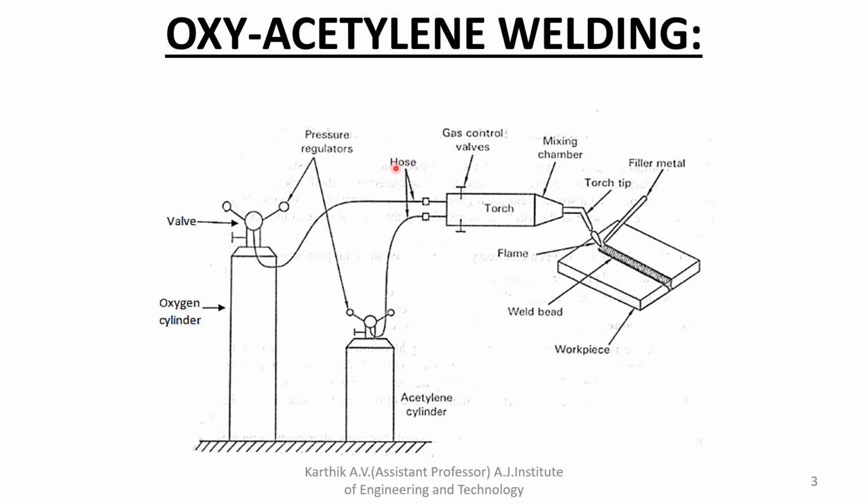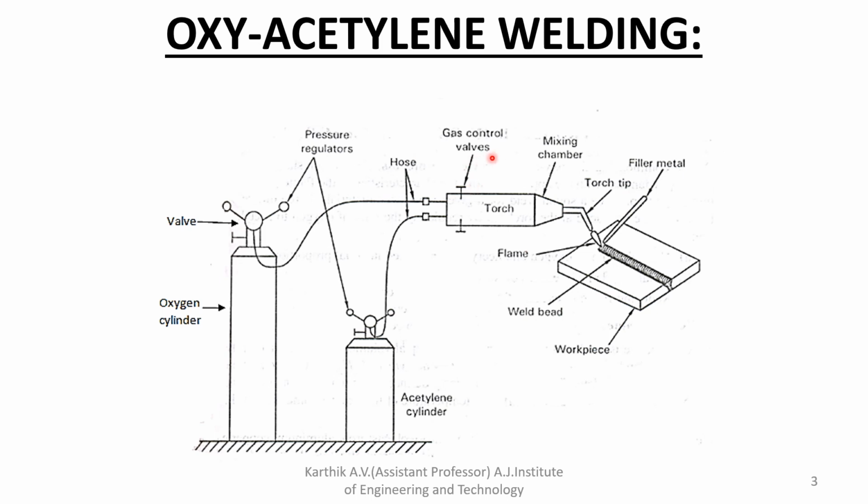Here is the mixing chamber, where two gases are mixed together. Based on the mixture it will produce the flame. For the two metal parts, first we have to clean them. If any contaminants are present on the workpiece, we have to remove all of them, and the two workpieces are placed together.